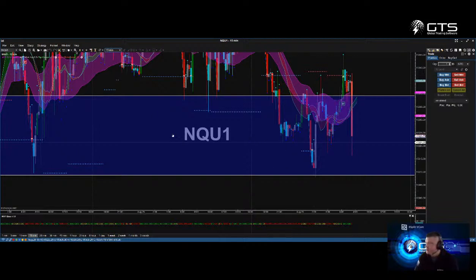Yeah, and Q, the opening range trade, does that give a clue as to the possible direction for the movement on the open?